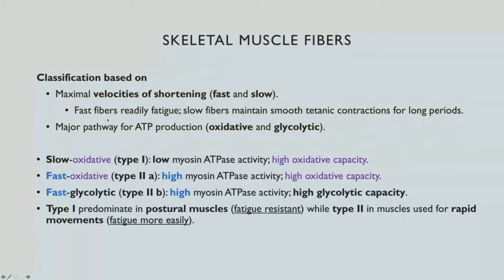The fast fibers will be more prone to fatigue. If they are contracting very fast, of course, they are going to fatigue earlier than the slow fibers. If they are working more slowly, they are less prone to fatigue. Slow fibers are the ones capable of maintaining smooth tetanic contractions for a long period.